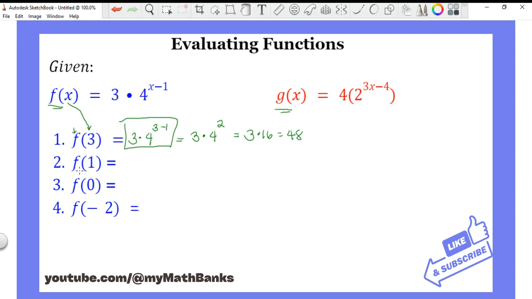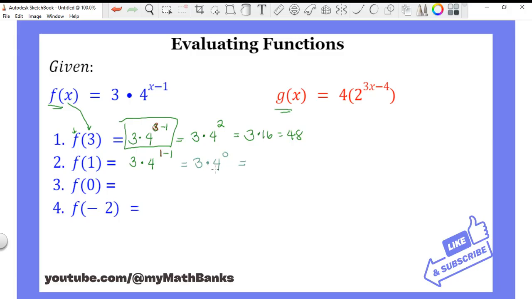All right, the second number, same thing: 3 times 4 to the power of 1 minus 1. I'm replacing the x. That's your new x.